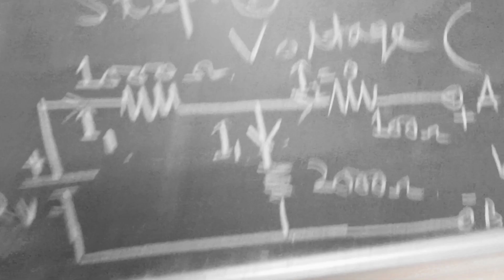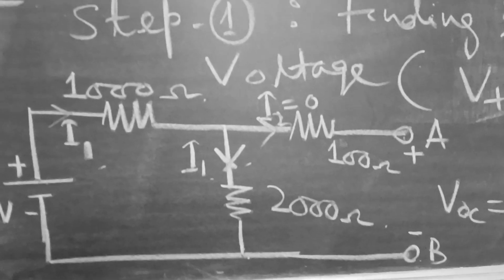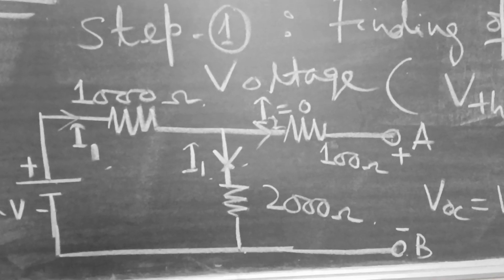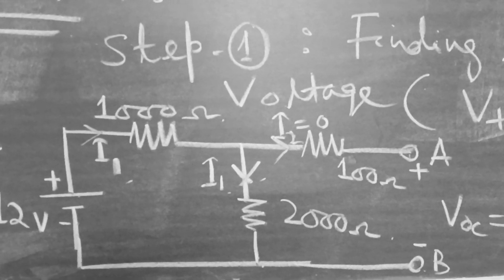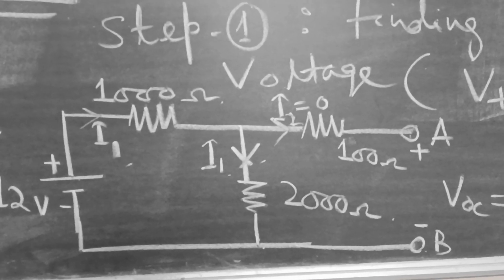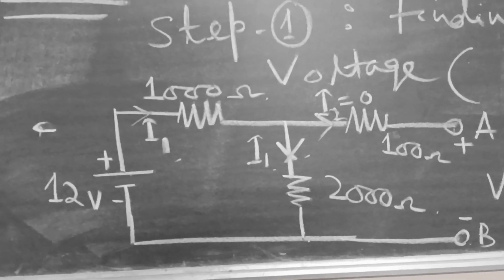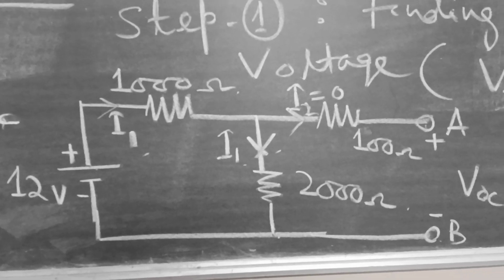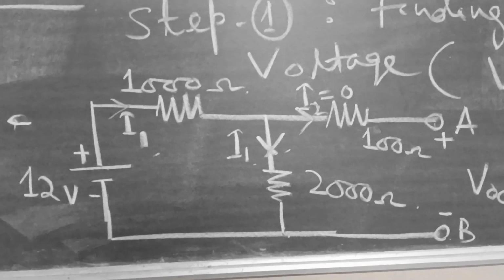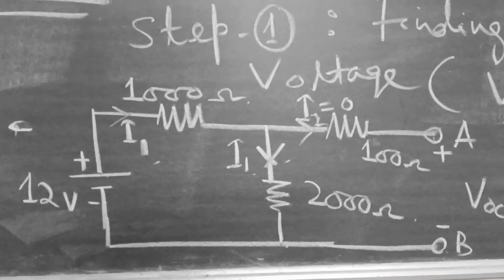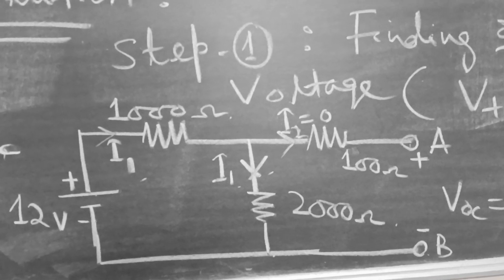Now the voltage across AB equals the voltage across 2000 ohm. So the voltage across 2000 ohm will be the supply voltage, 12 volt, into 2000 divided by 2000 plus 1000. This is the voltage divider rule.